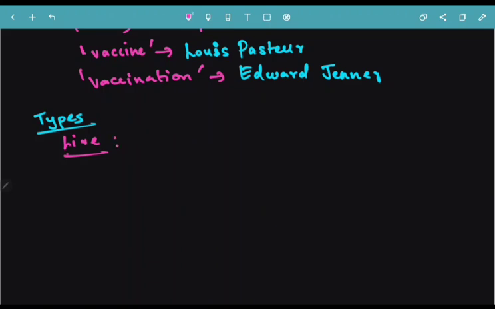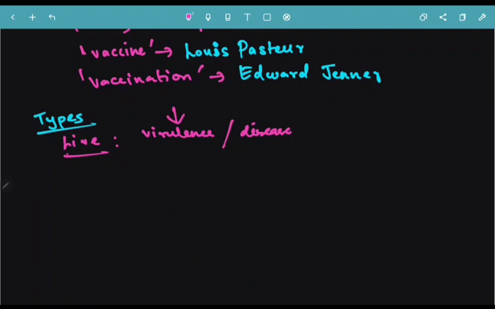So in live vaccines, the virulence of the organism is reduced, or I can also say that the disease causing capacity is reduced.